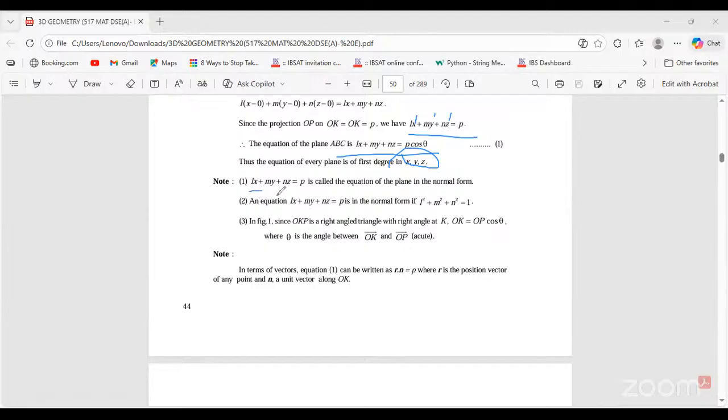Lx plus my plus nz equals to p is called the equation of a plane in normal form. What is the difference between normal form and general form?